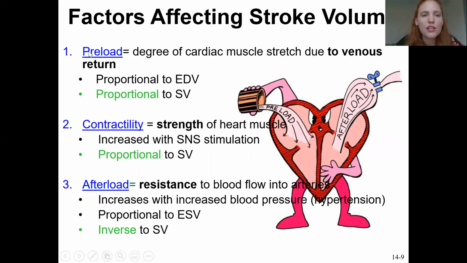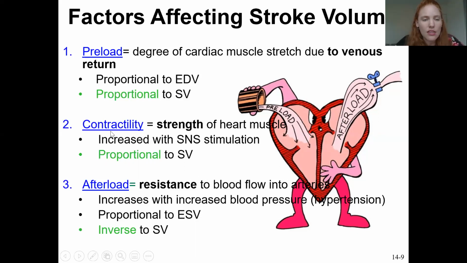So preload increases end diastolic volume, more blood goes in, and therefore more blood comes out. Preload has a proportional relationship to stroke volume, because an increase in preload means an increase in stroke volume. More blood in, more blood out.